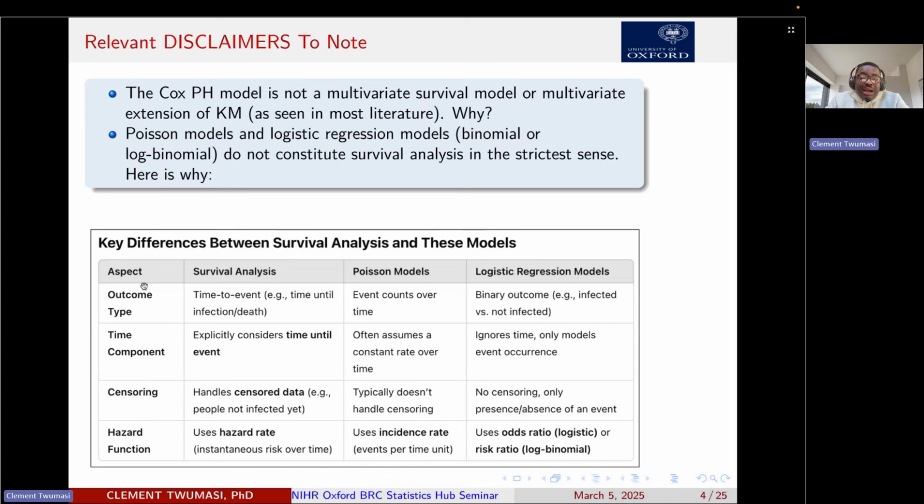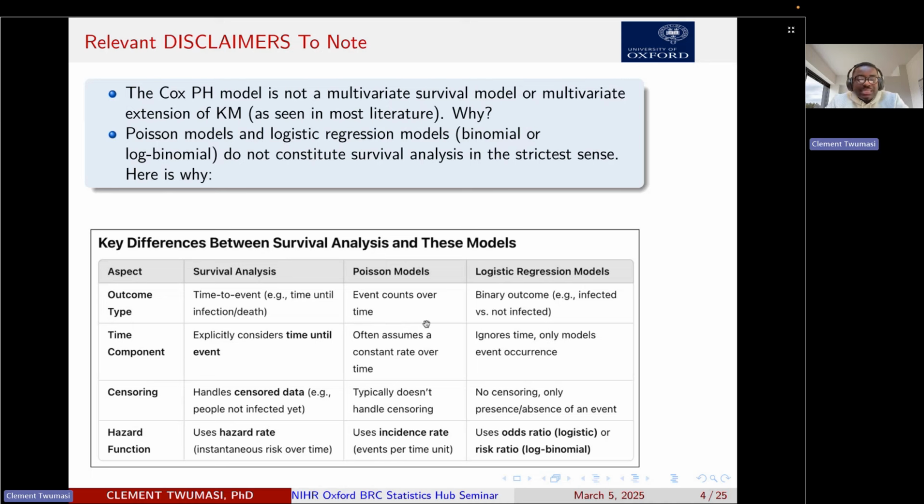The choice of words is very important. Here I've given key differences between the standard survival analysis and this class of models, the Poisson or logistic regression of some kind of survival outcome which is not a time to event outcome. I'll have this slide made available, and you can always jot it down.